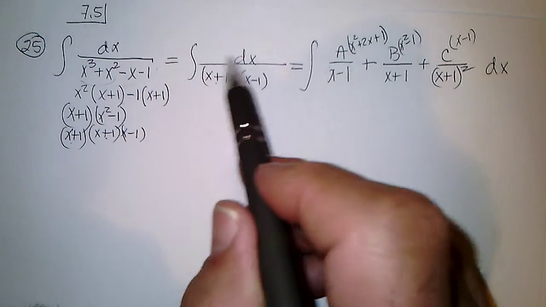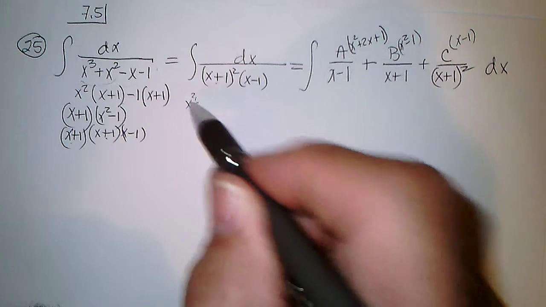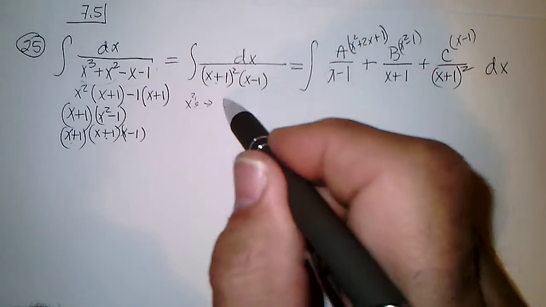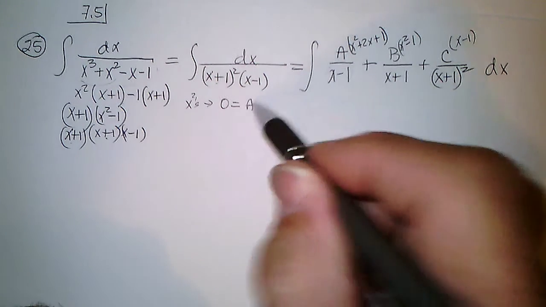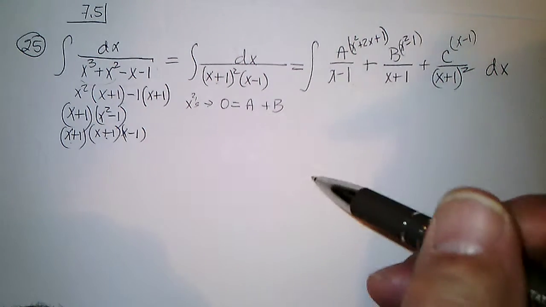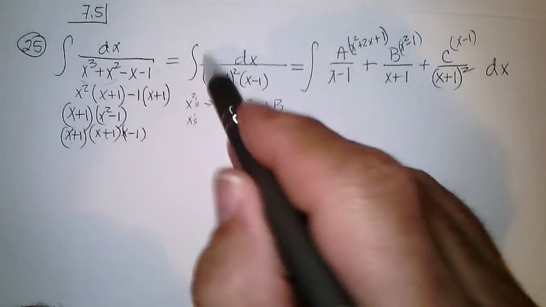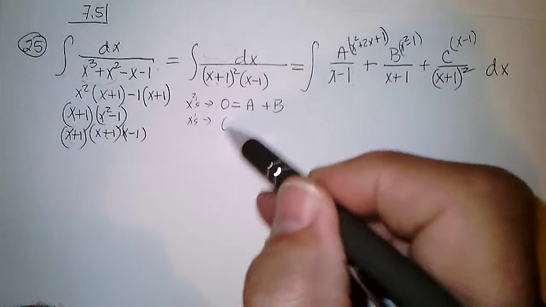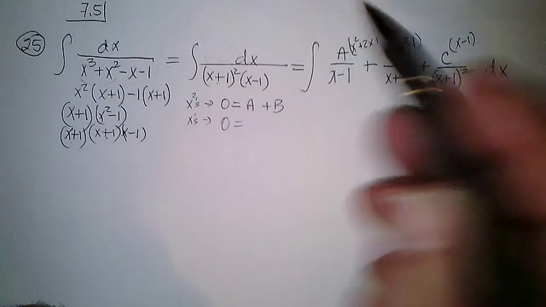If I look at the x squareds, there was no x squareds. So I would say 0 x squareds would have to equal Ax squareds plus Bx squareds. And looking at the x's, over here there were no x's. So 0 would have to equal, and this would be 2Ax's.